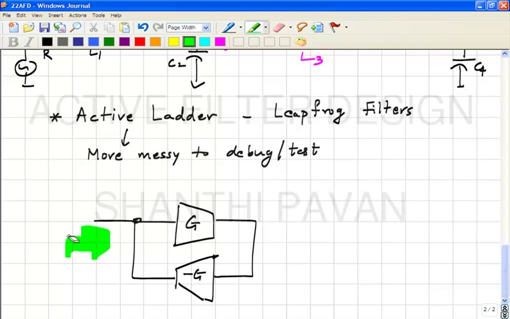So if I pump in a current, this voltage must be 0. Now, if this happened to be plus G, and you had made a mistake and put plus G instead of minus G, what do you think will happen to this voltage? And why?